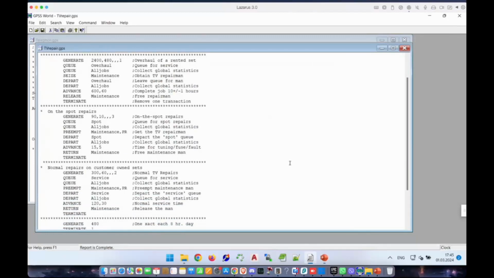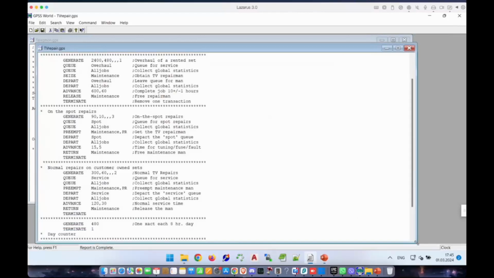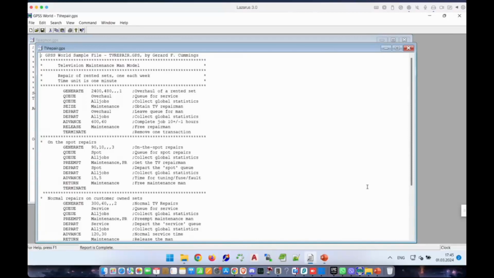Or we can just take a look at this one, because there's no huge difference between my code and this code. So we have priorities of the transacts. A small repair has the highest priority.